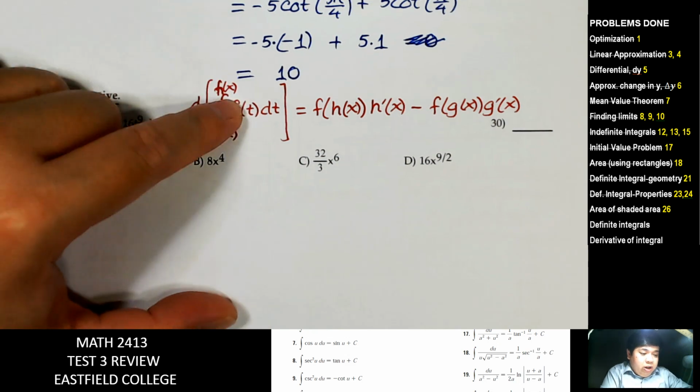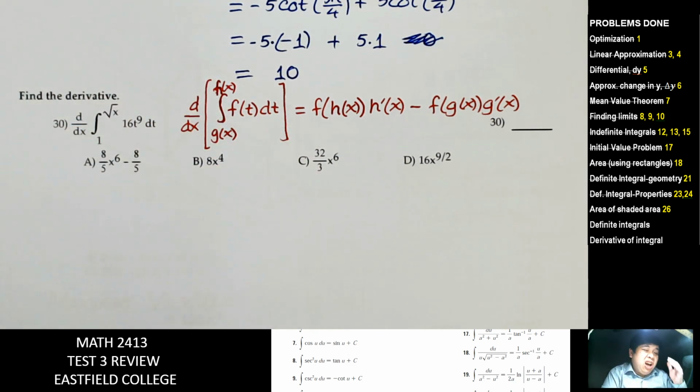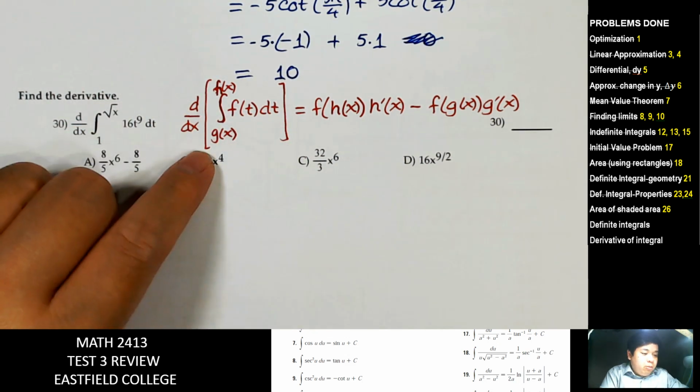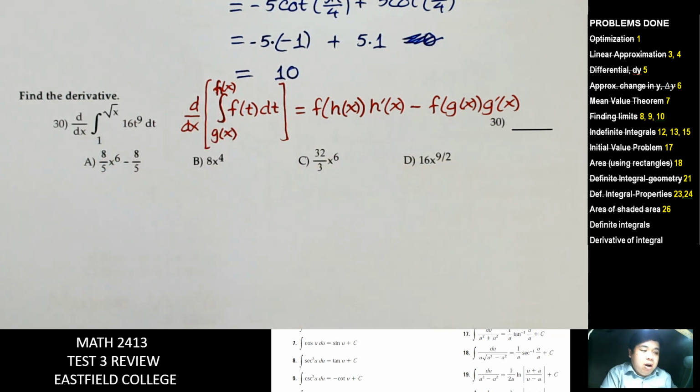So put in the function and then times the derivative, kind of like the chain rule. Put in the function and then multiply by the derivative.